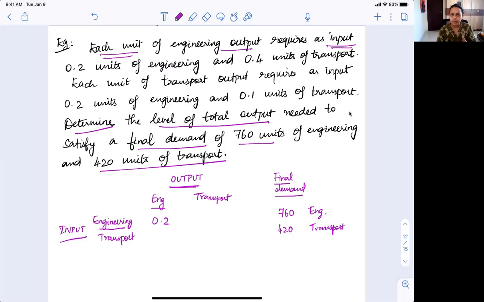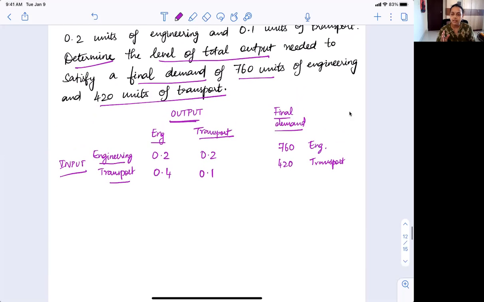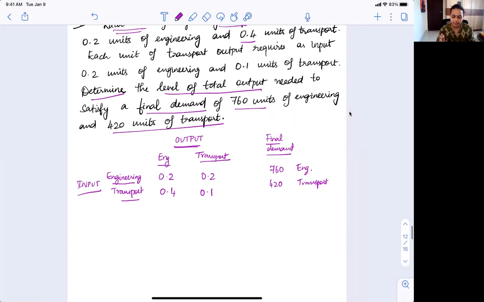And transport into engineering is now 0.4. And similarly, to produce every unit of transport output, I'm going to need as input 0.2 from engineering and 0.1 from transport. So there we go.